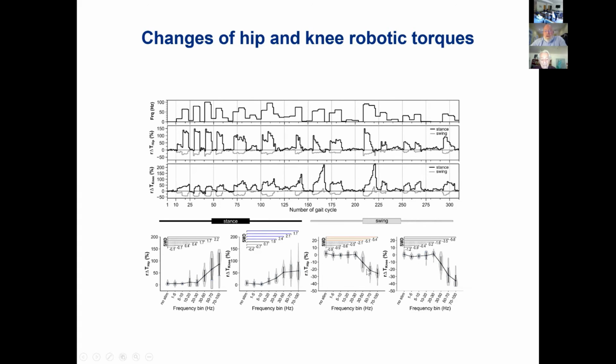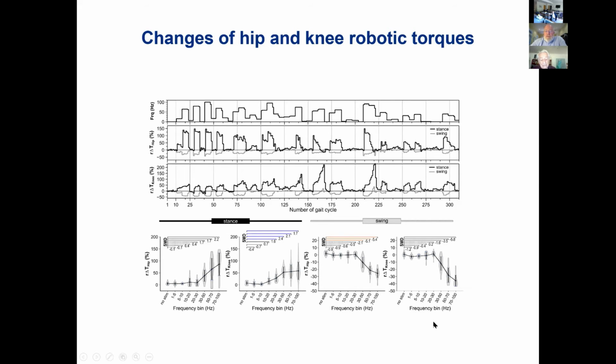And for this one individual, what we can plot is the relationship between stimulation frequency and the amount of forces that were applied by the robotic device, different from what was going on at baseline. So you can see here in the hip and the knee that during stance with higher stimulation frequencies, the robot had to do more work. And during swing at these higher frequencies, the robot actually did less work.